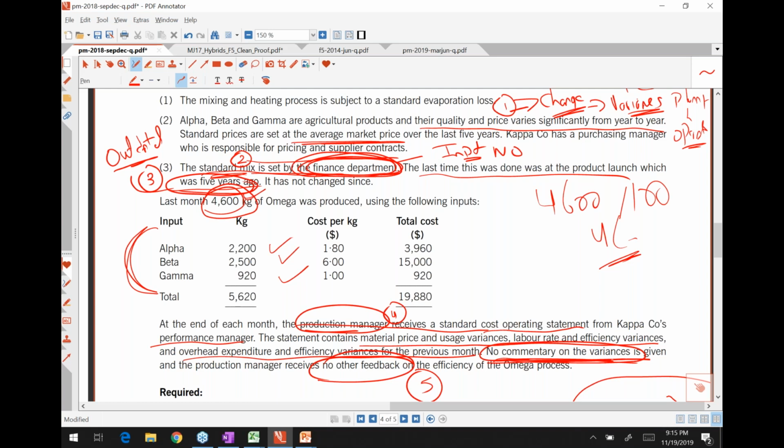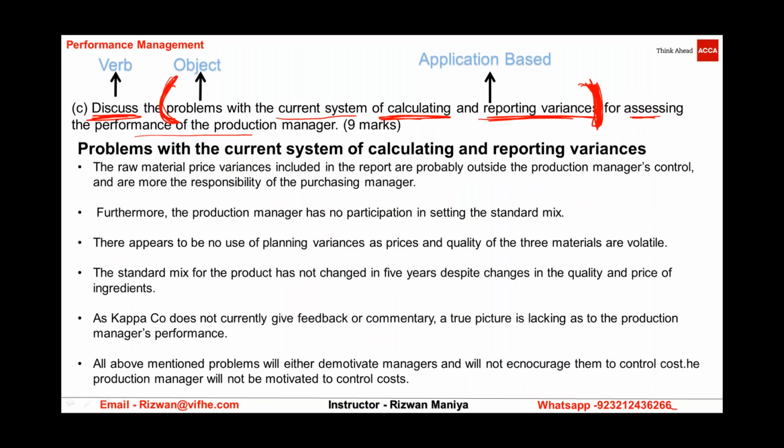So these are the problems in the system, my friends. And you can see those 5 points. Number 1, raw material price variance is the responsibility of the purchase manager. Number 2, no participation in setting the standard mix, no input. Number 3, no use of planning variances.